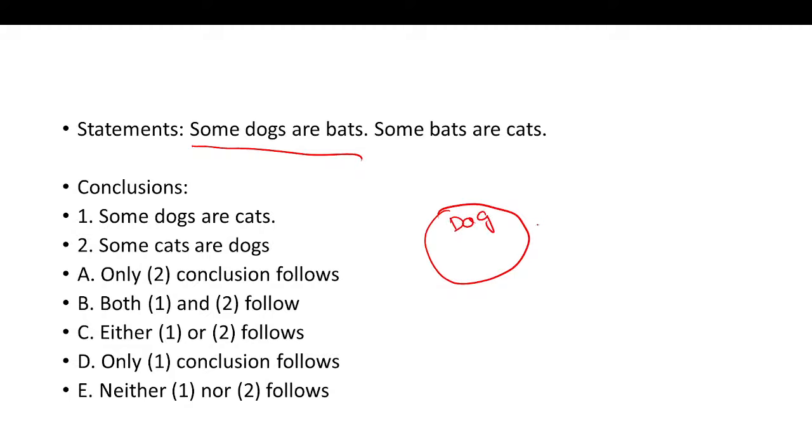Some dogs are what? Bats. Some bats are cats. Some bats are what? Cats.